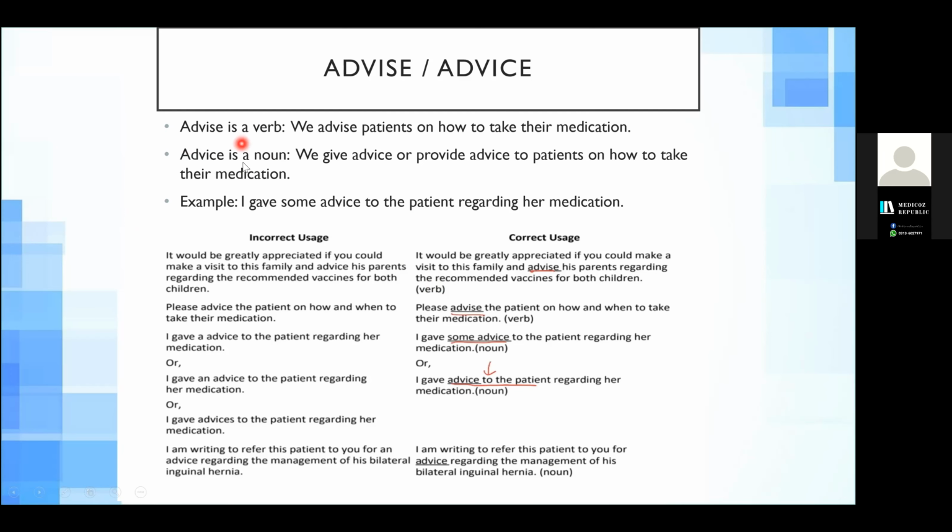Advise is a verb, and as I cannot say adviced, that is a noun. So that prevented me from using these words incorrectly. For example, we advise patients on how to take their medication, and when advice is used as a noun, we give advice or provide advice to patients on how to take their medication.